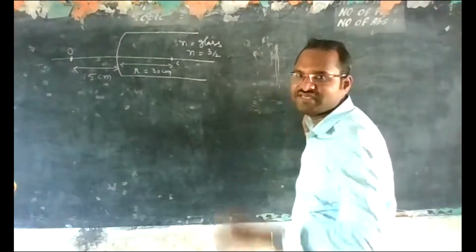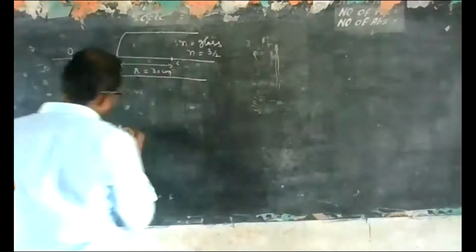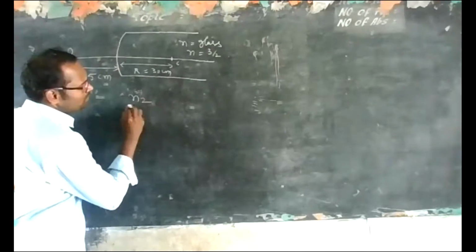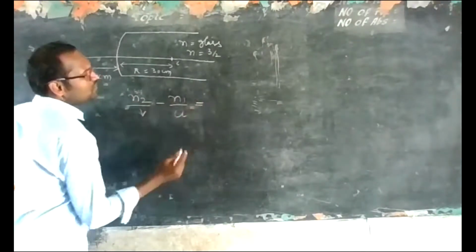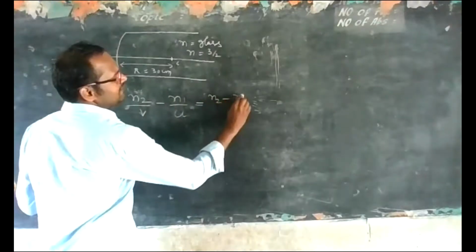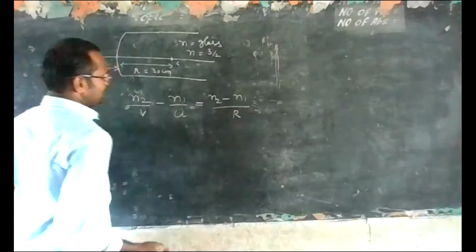Now for a curved surface, you have to use the image formation formula here. The formula is N2 by V minus N1 by U is equal to N2 minus N1 by R. The ray is entering into the denser medium whose refractive index is 3 by 2, so N2 is 3 by 2 upon V, which is unknown and we need to find, minus N1.